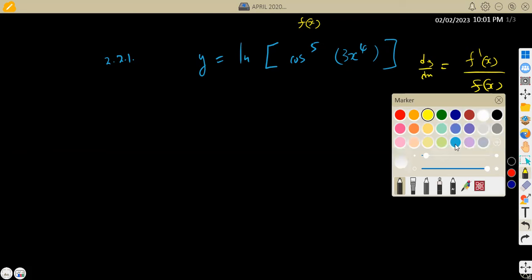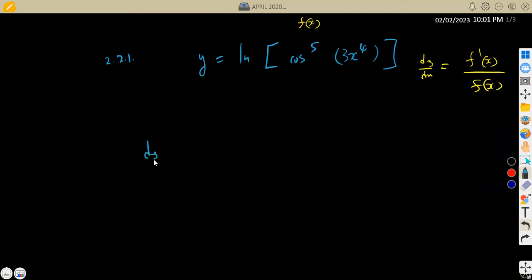But now on this derivative, if we are to write our dy/dx is equivalent to, our f of x is this expression, which is cos to the exponent of 5, 3x to the exponent of 4. This is the one that is representing our f of x.